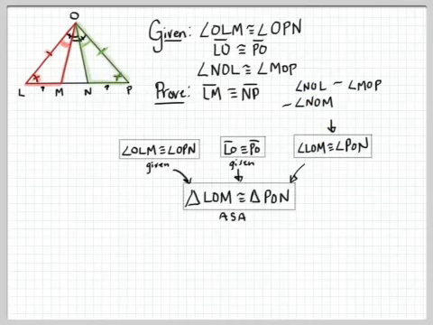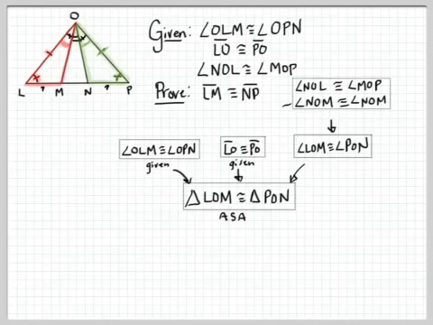And on the other side, MOP, given, that's this arc, right in here, minus the matching middle section, NOM again, will leave me with just this green angle. So MOP minus NOM gives me PON. So if I take this congruence and subtract this one from it, I will get the angle I need to complete my ASA.